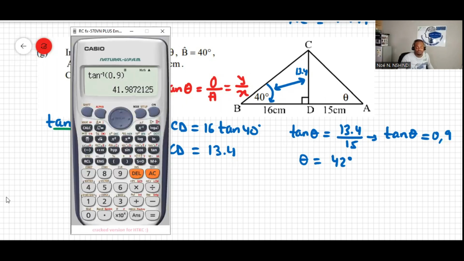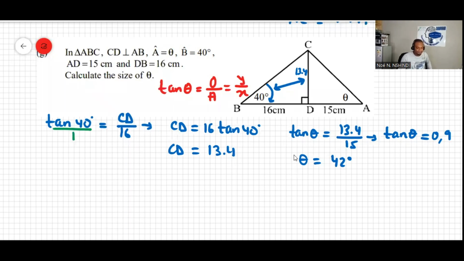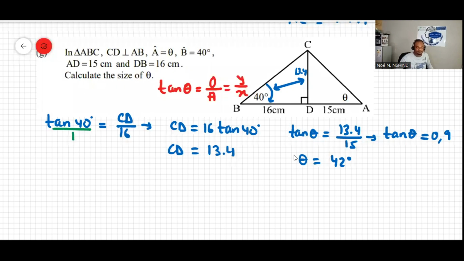Because I want to round this to the first decimal place, I look here, it's 9, it's 8. If I increase 9 by 1 unit, it's 10, I'm going to make it 0. I will increase the integer by 1 unit. That makes 42 degrees. Okay, that was question G.